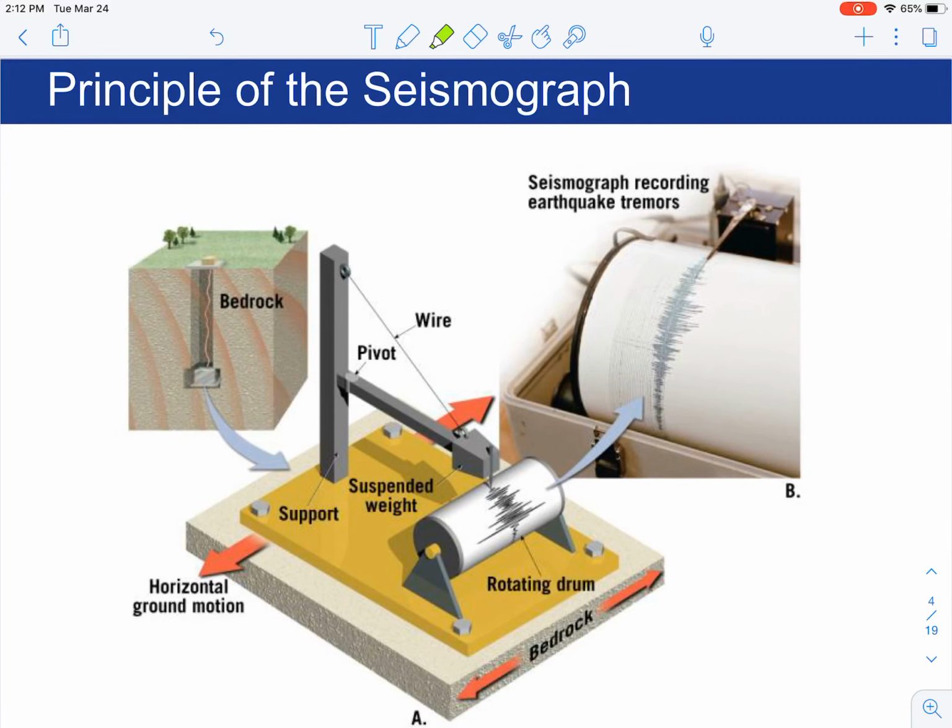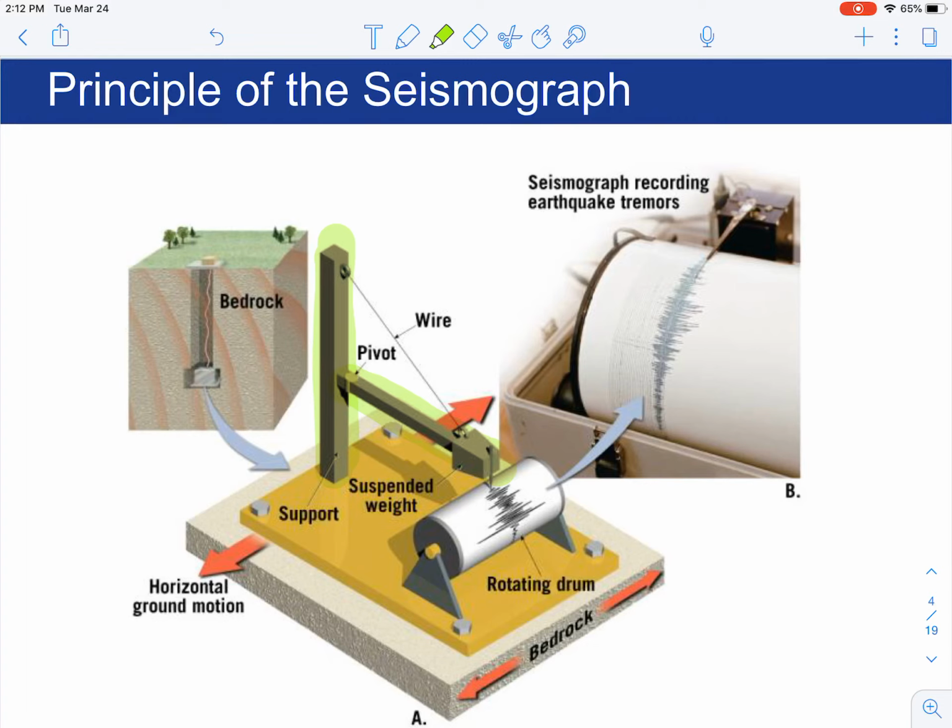And so what you can see here is you have a support system, like a beam, that's got a suspended weight attached to it.